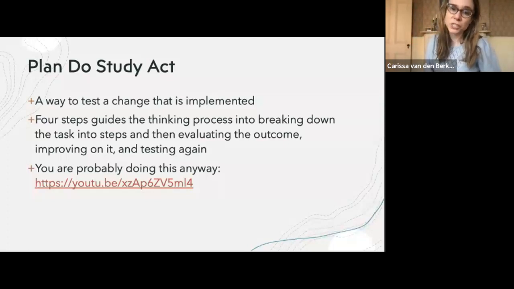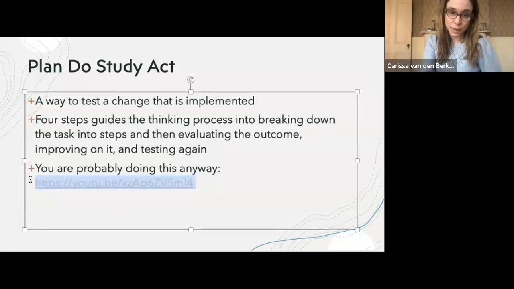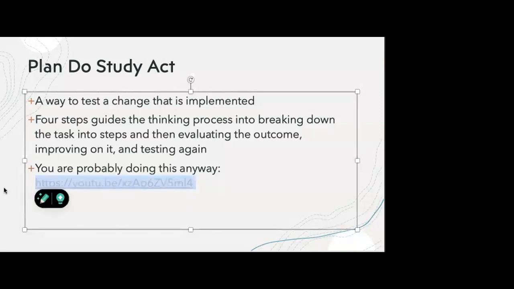It's basically a four-step guide, and the thinking process breaks it down into steps where you evaluate an outcome, you improve on it, and then you test again. You probably are doing this anyway. I'm going to give you an example.